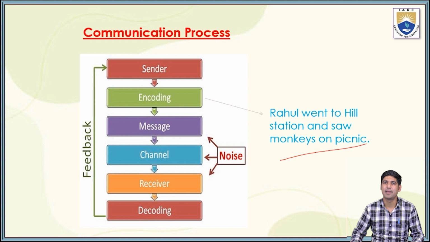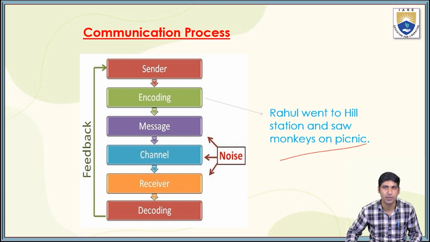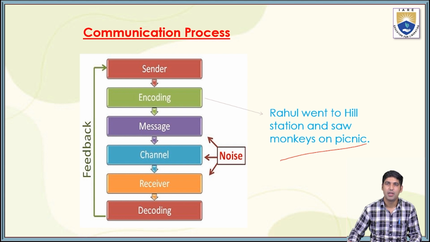Then the third thing is message. That is what you want to say. Now you are aware that your receiver knows English well. For example, if you want to transmit your message in English, you come to know your receiver is good at the English language. He or she can easily understand even if you write some ambiguous sentences, ambiguous words.